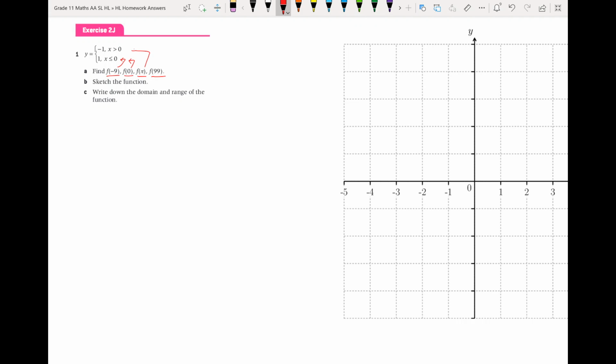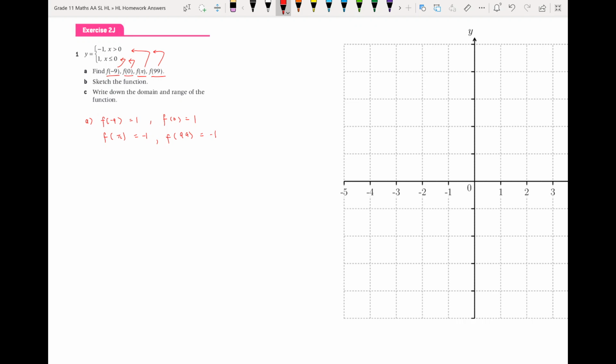Pi is positive, so it's going to come from the piece that is greater than 0, and so will 99. So therefore, f of negative 9 will just be 1. F of 0 will also be 1, whereas f of pi will be minus 1, and f of 99 will also be minus 1.